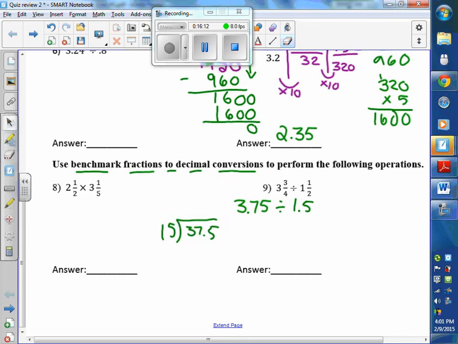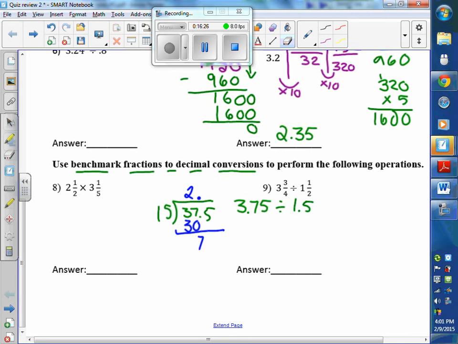What do you think? It's the first number you're going to put here. 2. 30, right? Bring down the 5, right? So this is a good problem to do in long division, it's easy.